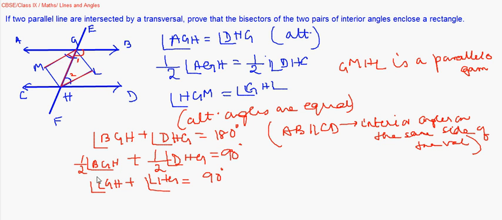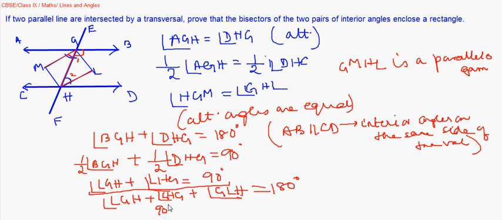So that is angle LGH plus angle LHG plus angle GLH. They make 180 degrees. Now this part is 90, which I am substituting here, plus angle GLH is 180 degrees.